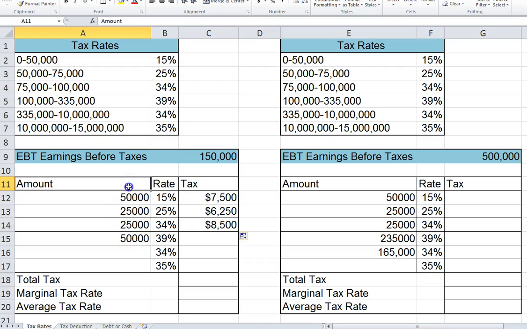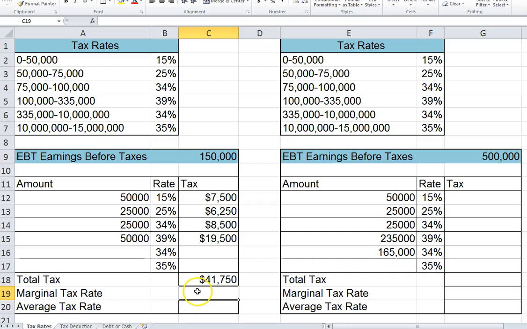If you add up these four values, 50,000, 75,000, 100,000, 150,000, we're going to calculate the amount of tax on each of the brackets. So the total tax is going to be 41,000.